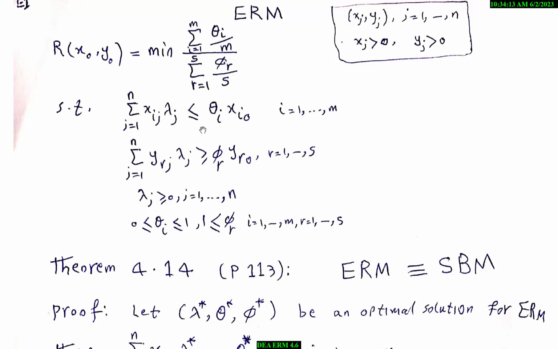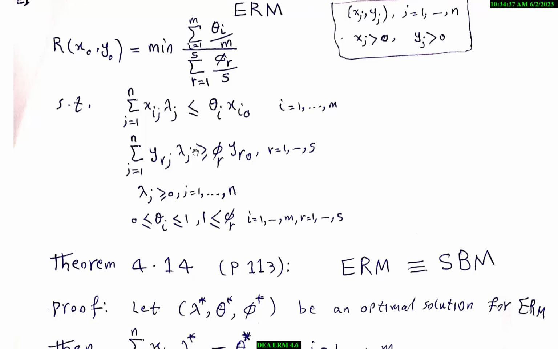Indeed, we proved that in optimality, all these constraints must be in equality. So in the model, we can put equality instead of inequality in these constraints.